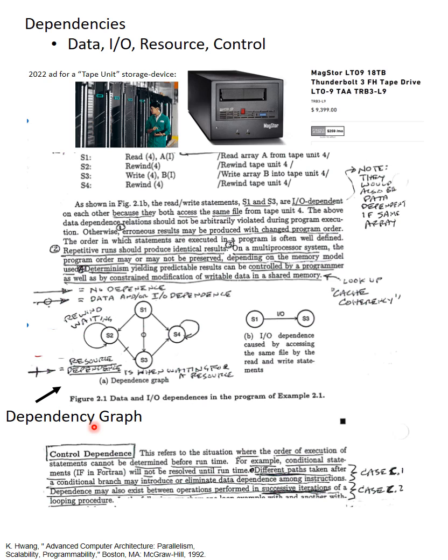So different paths can be taken at different executions of the same code, conditional branches. I label that case C.1. And then case C.2 is where dependence may also exist between operations performed in successive iterations of looping procedures.